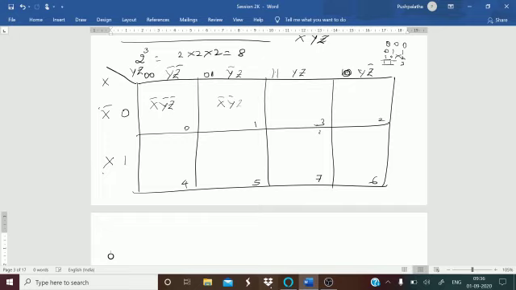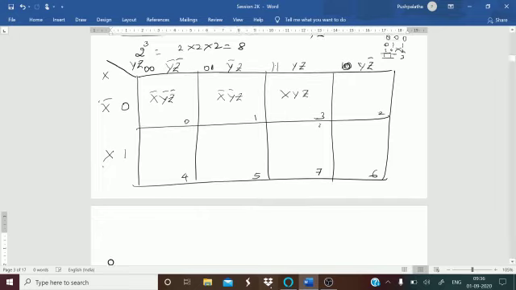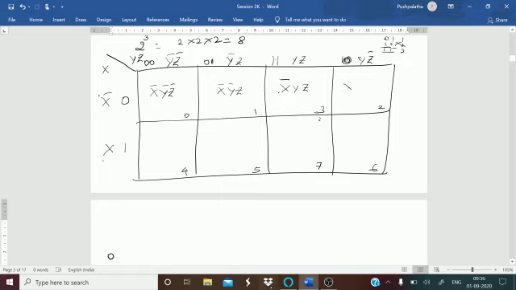X bar y bar z. X bar y z. X bar y z bar. In the same way, this becomes x y bar z bar, x y bar z, x y z, x y z bar. This is how you are going to represent.